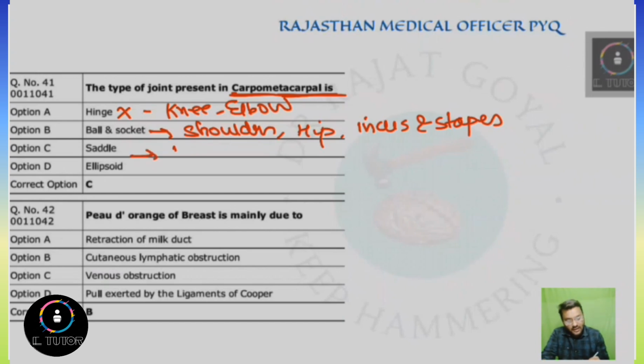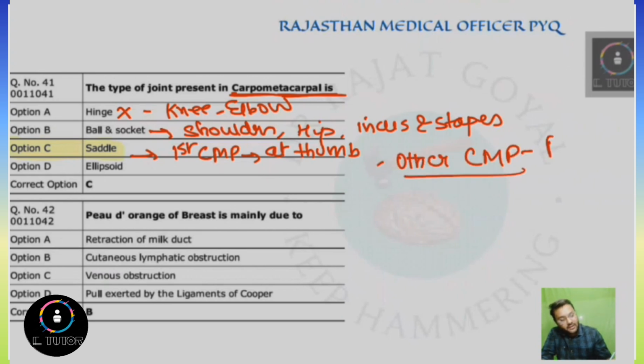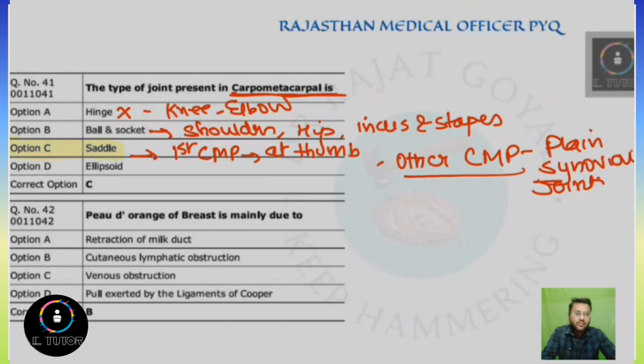The first carpometacarpal joint, carpometacarpal at thumb is saddle joint. So answer is option number C. If we talk about the other carpometacarpal joints, then they are plane synovial joints. Saddle joint allows a wide range of movement which can be performed by the thumb.